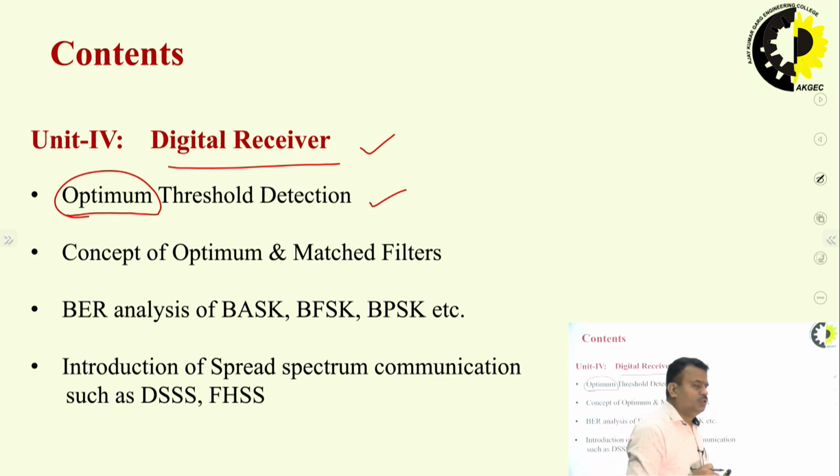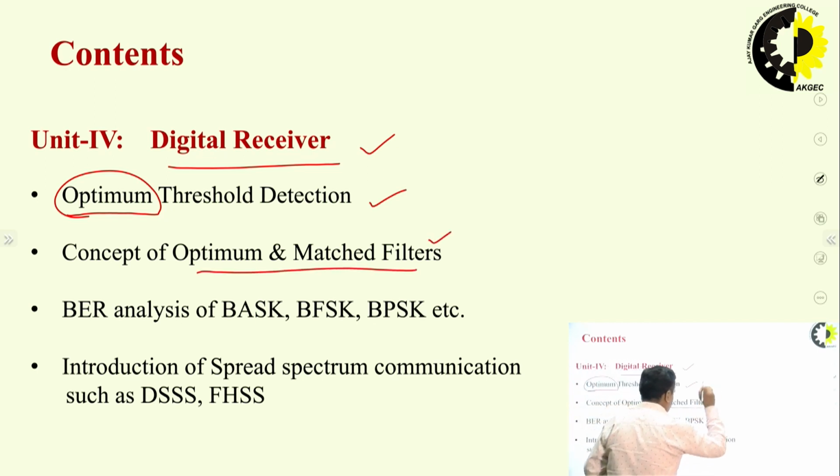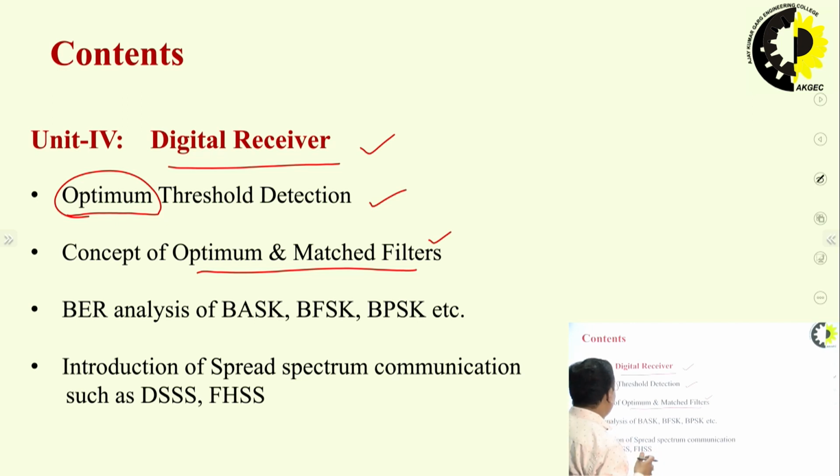Okay, so under optimum threshold detection we will see the optimum and matched filter concept and their derivation, and from the derivation we will see that it will be an optimum or matched filter.